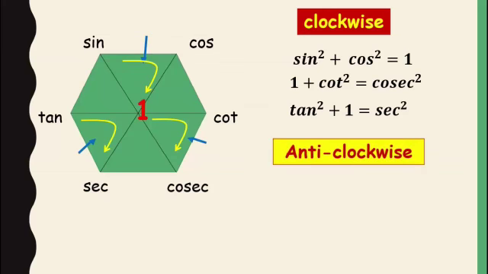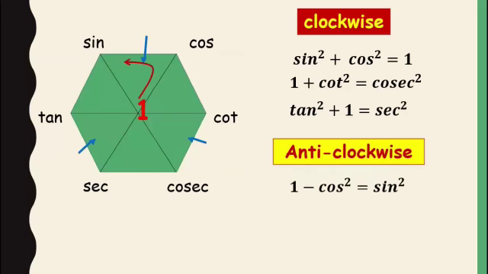This row can also be drawn anti-clockwise from the bottom of the triangle like this. The only difference is that there will be a minus sign before the second term.